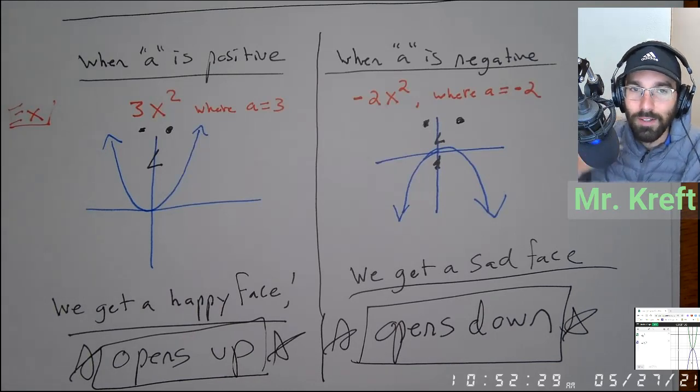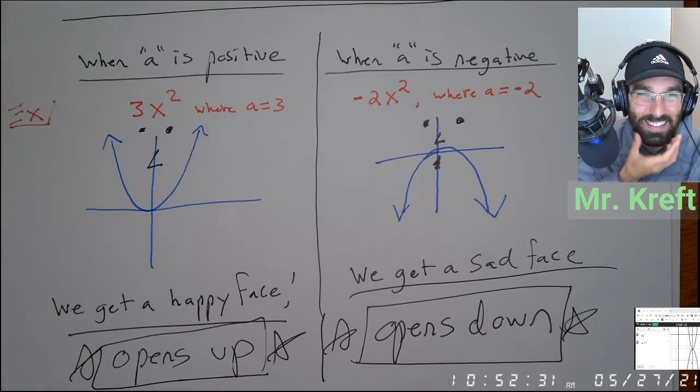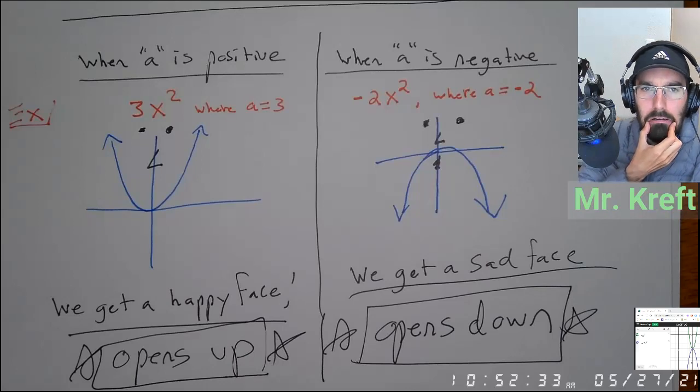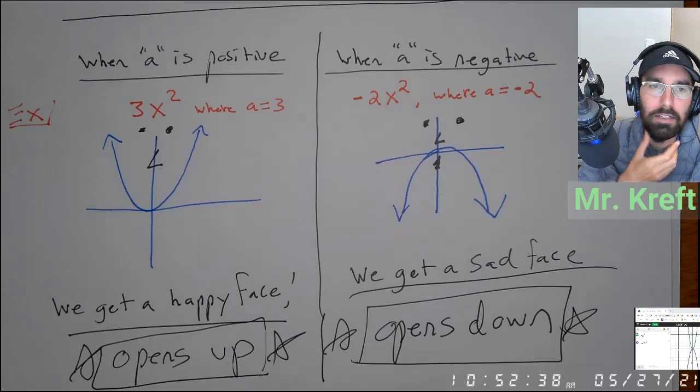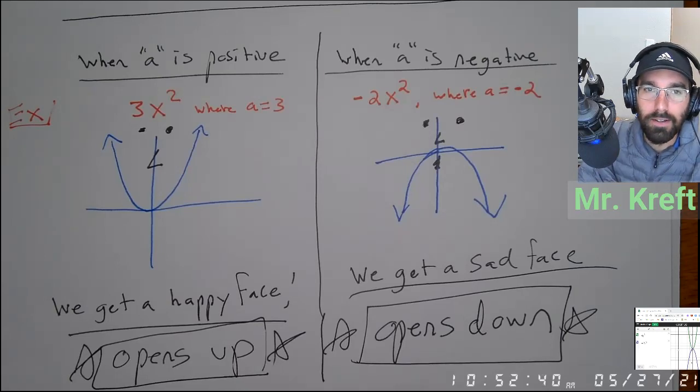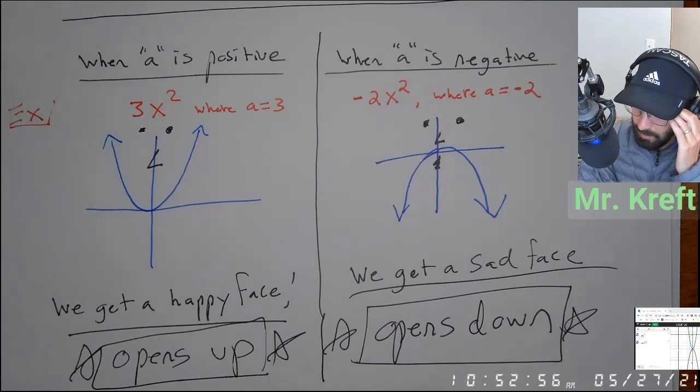If a is positive, then it's smiling, it's opening up. If a is negative, then we have a sad face, and it's opening down. I'm just giving people a little bit of time to make sure they have that all down.